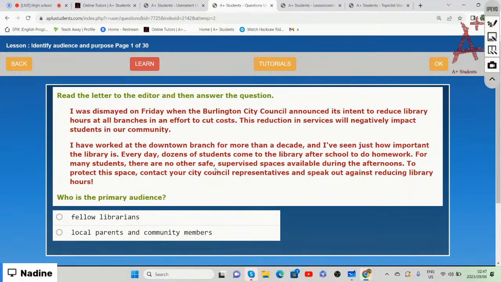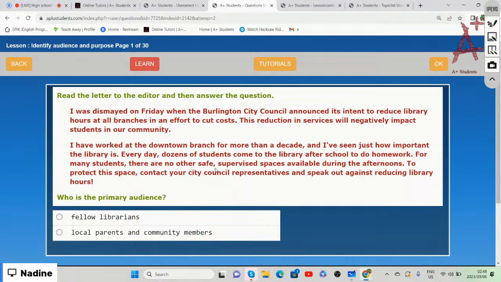In this case, somebody is writing to the city council, and they also want people to protect the space by contacting the city council representatives and speaking out against reducing library hours. Most times it will be fellow librarians.